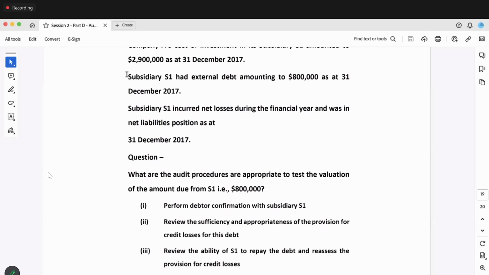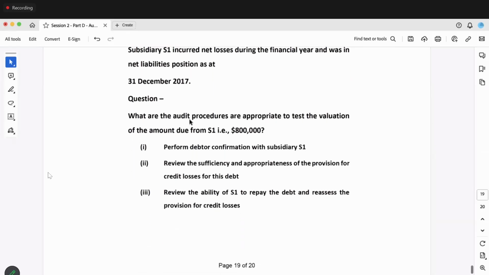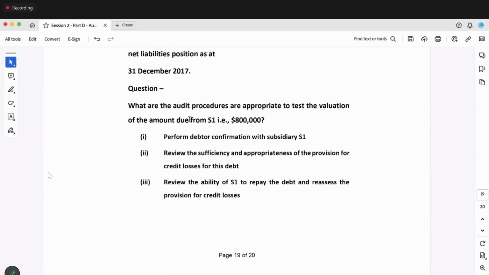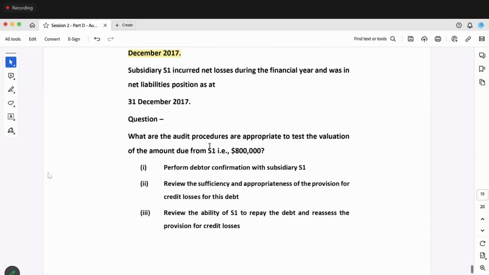So this question is related to this. In the exam, it's very common that the case study is long, but they only need to test 1 or 2. You can see that I've given you 5. Let me read. Number 1, perform debtors confirmation. So we want to test the amount, 800,000, accuracy. Number 2, review the sufficiency and appropriateness of the provision for credit losses for this debt.